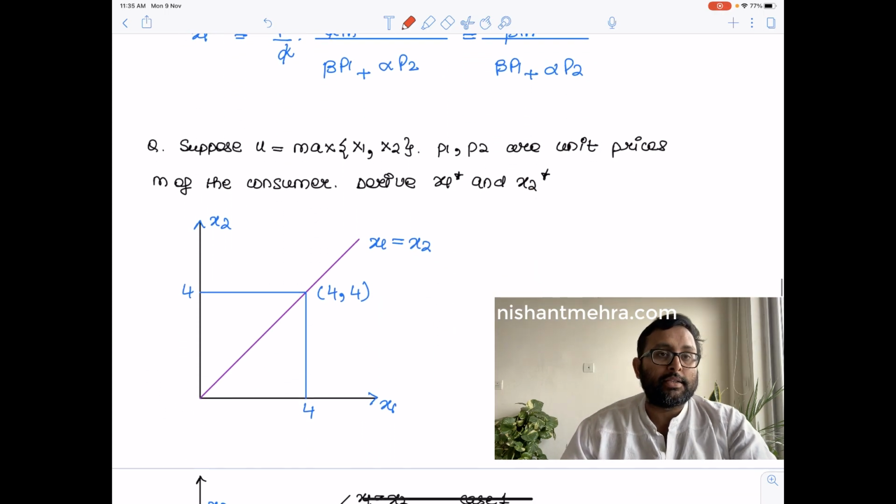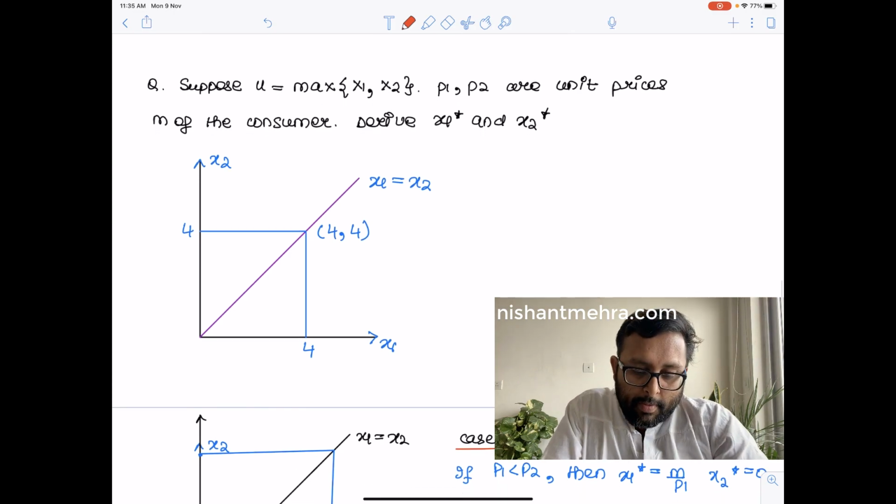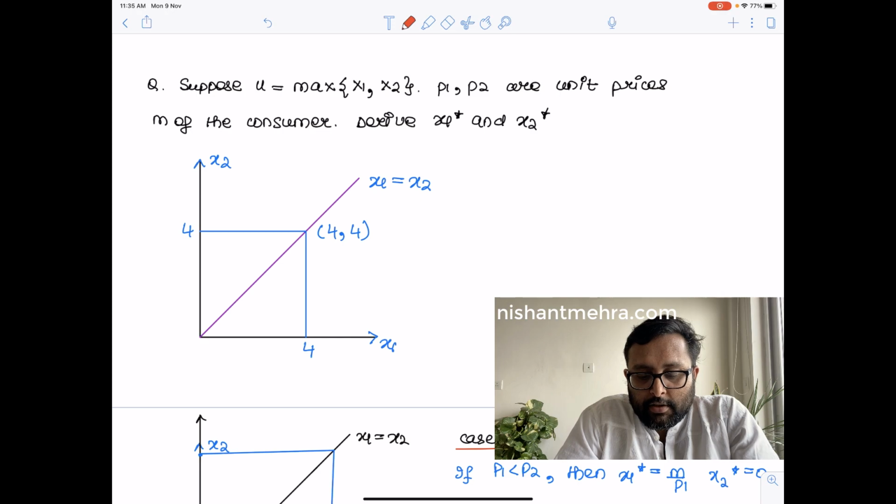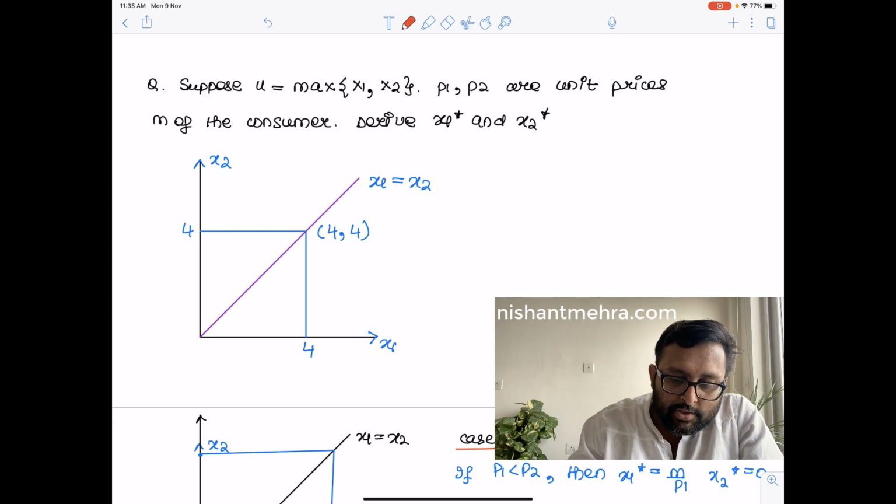Supposedly you have the max function now. U equals max of x1, x2, and p1, p2 are the unit prices. M is the income of the consumer, and derive x1 star, x2 star. First of all, let us draw the indifference curve.